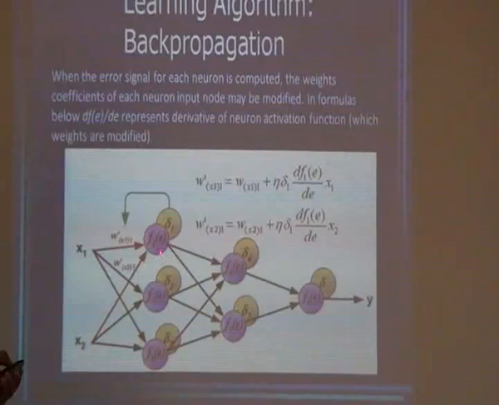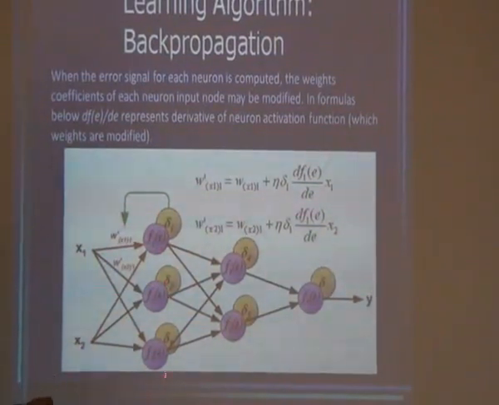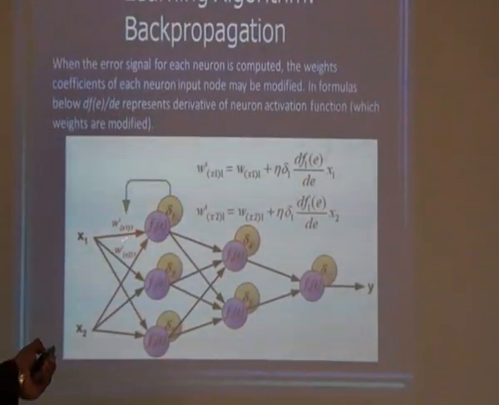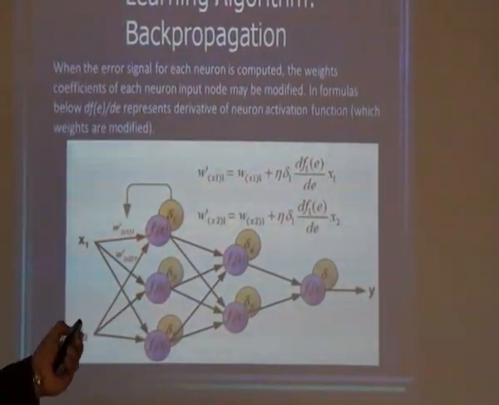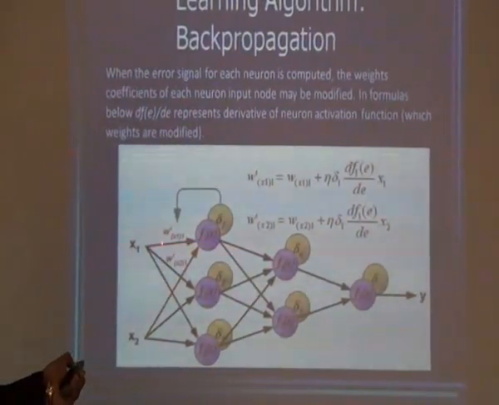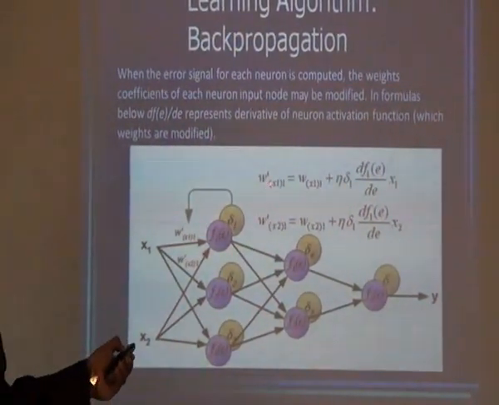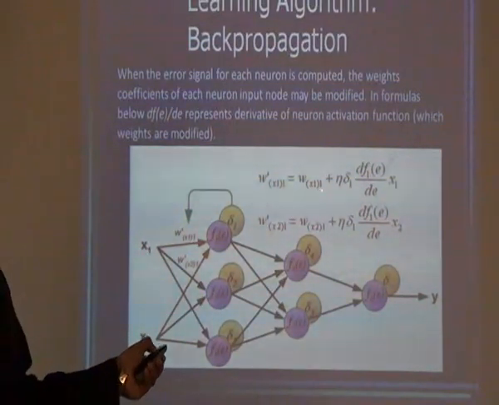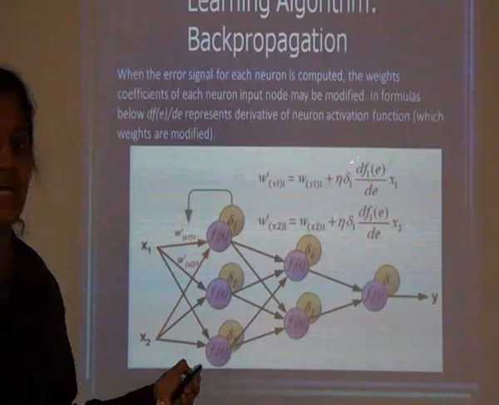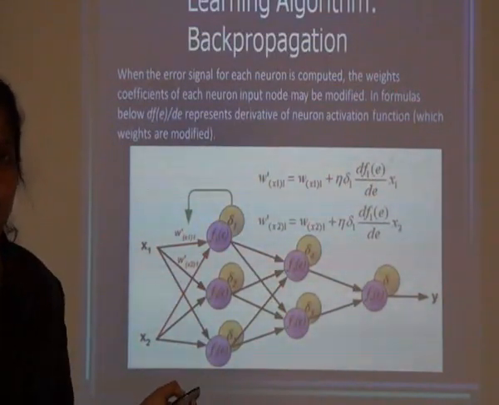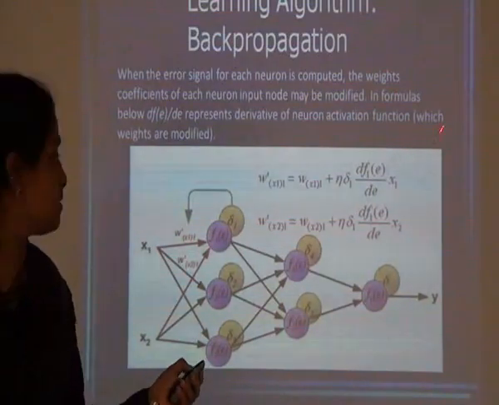And after calculating delta 1, delta 2, delta 3, that is the error rate, this error rate will help to modify the weights. Previously the weights were initialized, so they should be modified. The new weight between x1 and the first neuron is w11 plus theta, where theta is a constant, you can add a jitter value or bias to converge to the solution.